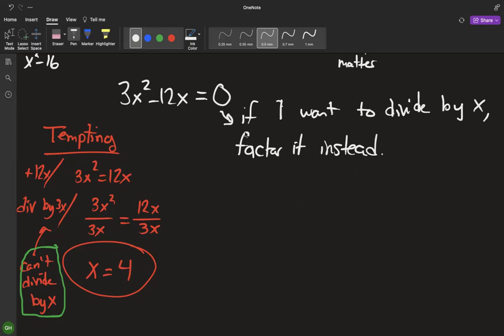So instead of dividing by 3x, I'm going to factor out a 3x. So this gives me 3x times x minus 4 equals 0.